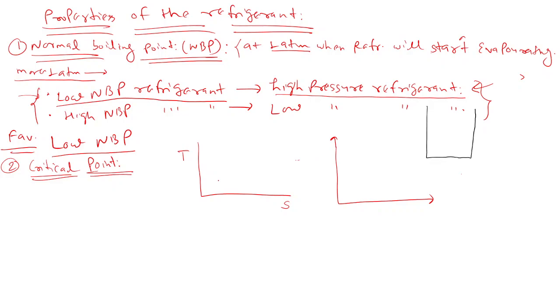So let's suppose this is one cycle and another is this. Let's suppose this is our condenser temperature, and this is our evaporator temperature.